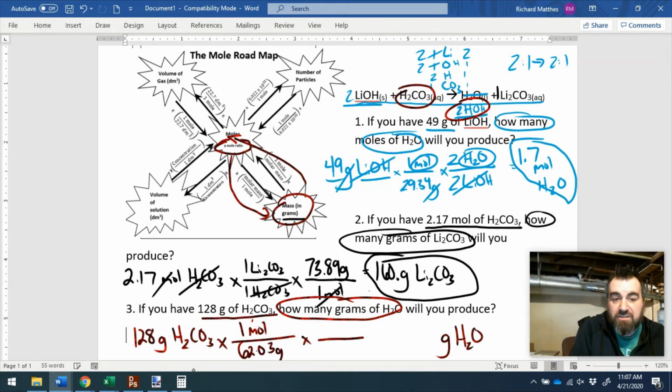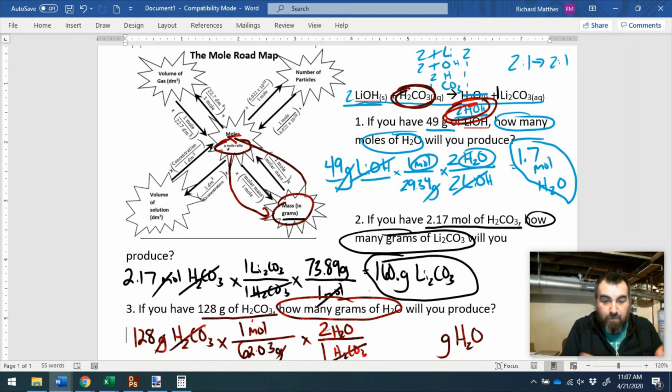Times, now I need to do my mole ratio because I have gotten rid of grams. Now I'm at moles, and moles is our key. So I use my mole ratio: there are 2 H2Os for every 1 H2CO3. We know that because that's our balanced equation. For those of you who did your recipes, this is like if we change the amount of one substance in our recipe, we have to change the amount of the other substances.